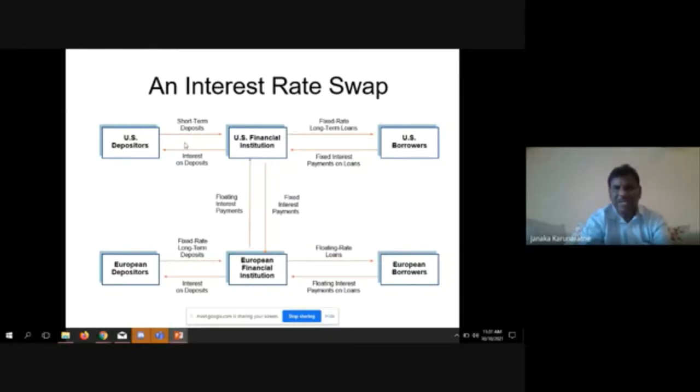I can adjust my short-term deposit payments. So the US financial institution gives fixed rate to the European financial institution and receives floating interest rate payments. Whatever happens in the market, I benefit, in the sense that I am not much exposed to interest rate risk.